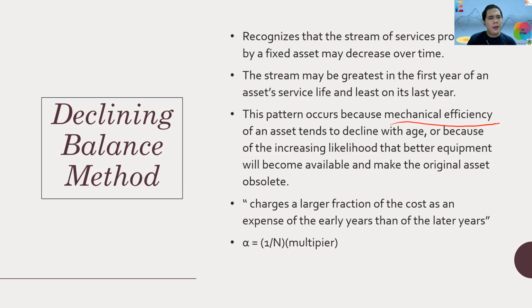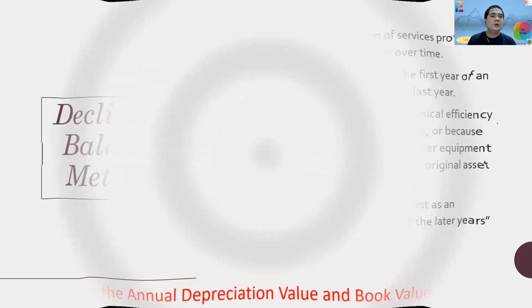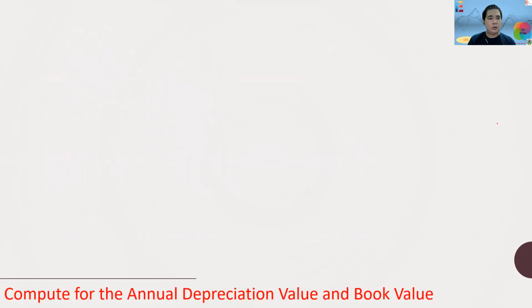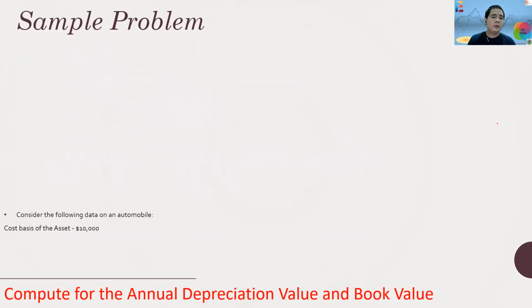Therefore, you are to get a certain alpha, no? Wherein your alpha is equal to 1 over n multiplied by the multiplier provided in the problem. Okay? So, what is alpha and what is the multiplier? Okay, so sample problem, assuming we have the same problem, the multiplier is 150%.